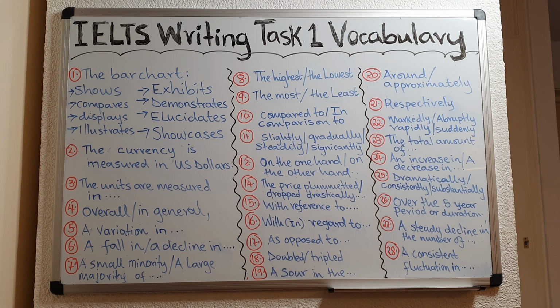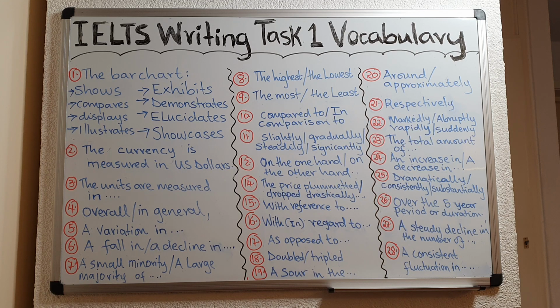Or you can say, in the year 2020, there was a decrease in the number of cars that were imported from Germany. So an increase means it's gone up. A decrease means it has gone down. And we always use that with in. An increase in. There is an increase in the student population in the year 2020, whereas in the following years, there is a significant decrease in the number of students who were admitted to Oxford University.